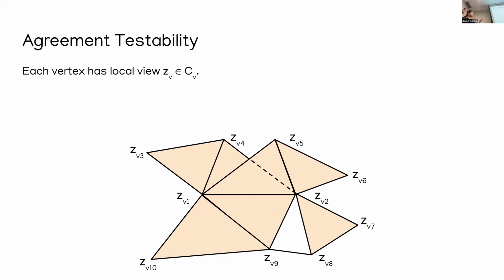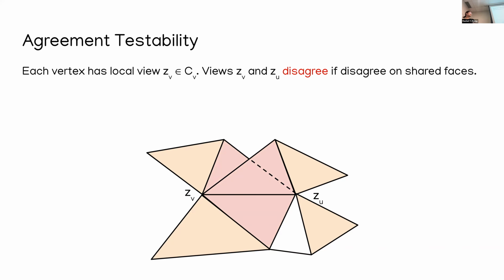Some of these vertices might agree, some might not, but everyone has their own view of what the faces around them should be. We say that two views disagree if they disagree on the faces that they share. So if one vertex says these should be 0, 0, 1, and the other says it should be 1, 0, 0, then these disagree.